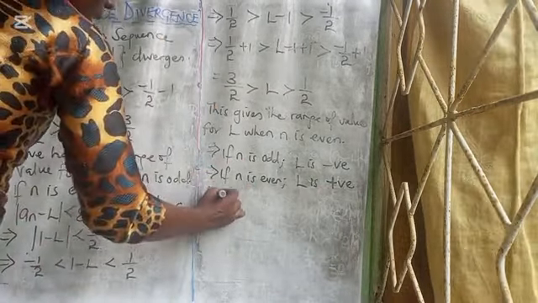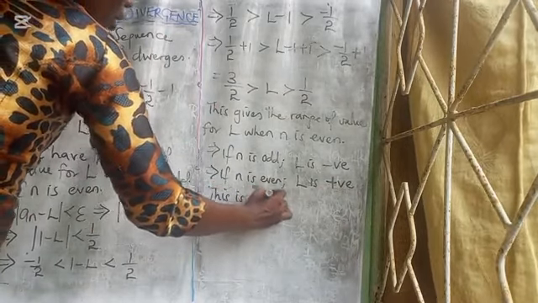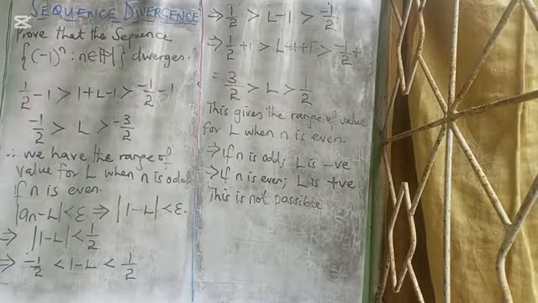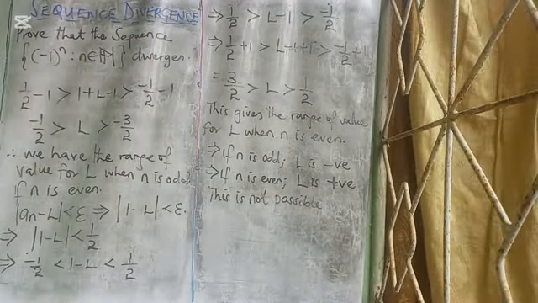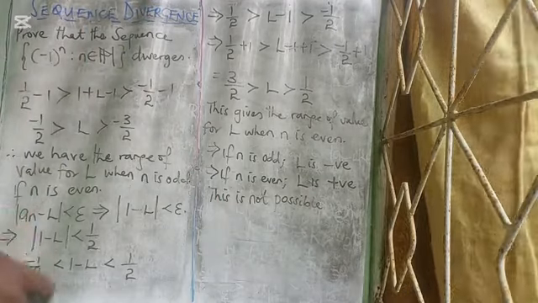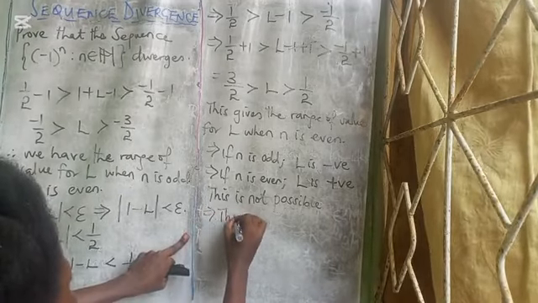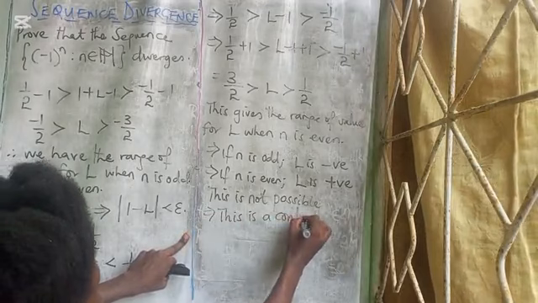This is not possible. And if this is not possible, it means that by contradiction, we have been able to prove that the sequence actually does not converge. This is not possible. As such, this is a contradiction.